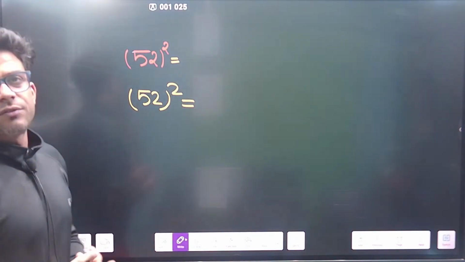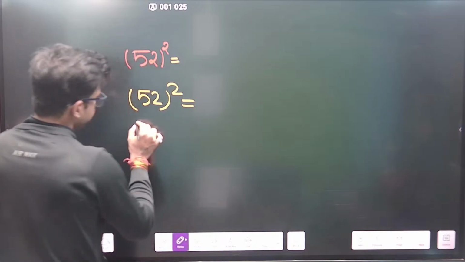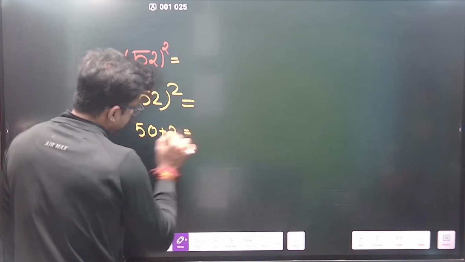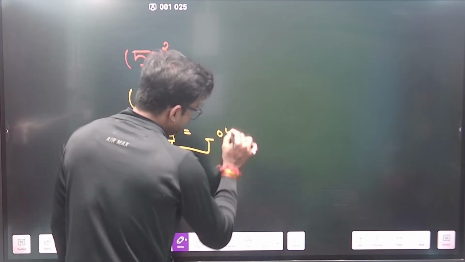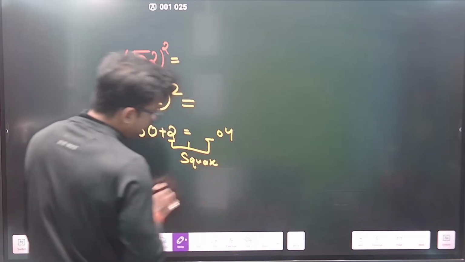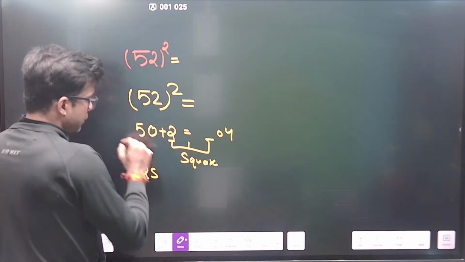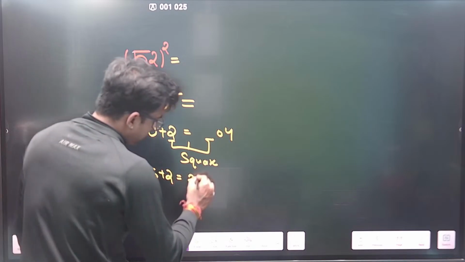Again, compare with 50 only, na? Nothing more than that. So 50 plus 2. Find out the square of this, which is 04. Then 25 plus 2 is 27.